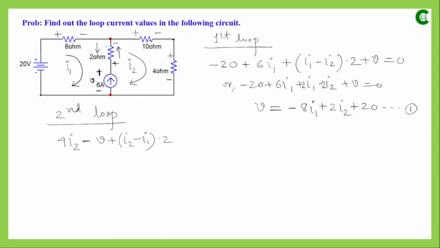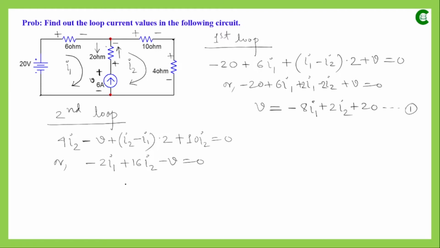Then the last component is the 10 ohm resistor. When I2 flows through it, the voltage drop will be 10 I2, and this algebraic sum will be equal to 0. If we simplify this, we have minus 2 I1, then 10 I2 plus 4 I2 is 14, plus 2 I2, so it will be 16 I2, and then minus V, which is equal to 0.